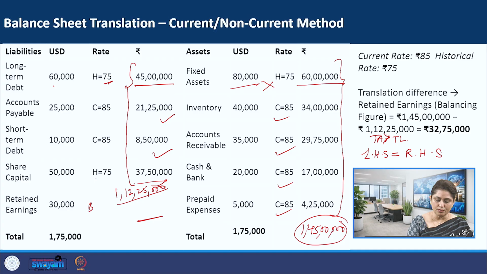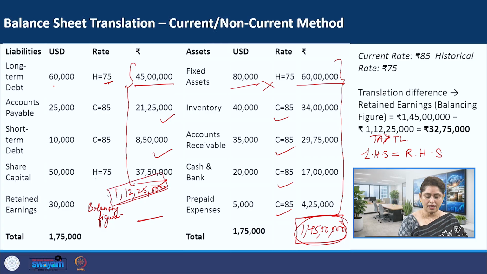So, this is going to be our balancing figure. And what is going to be the balancing figure? The balancing figure will be the difference of the total of the assets and the total of the liabilities. So, here we have formed the balancing figure.